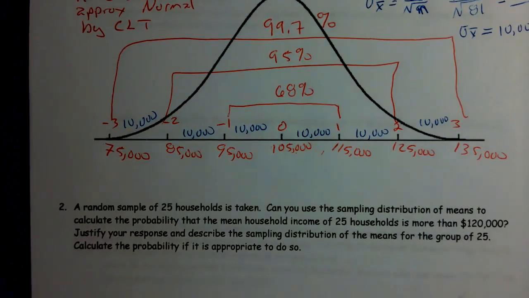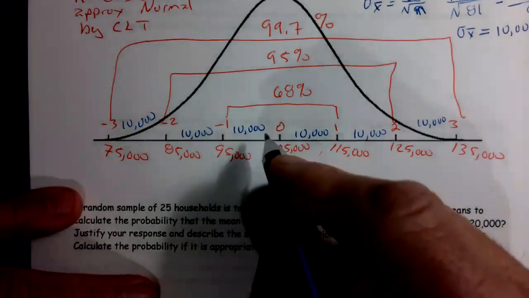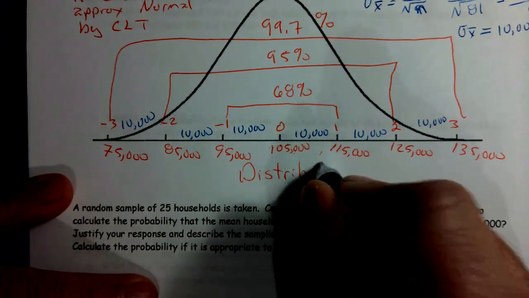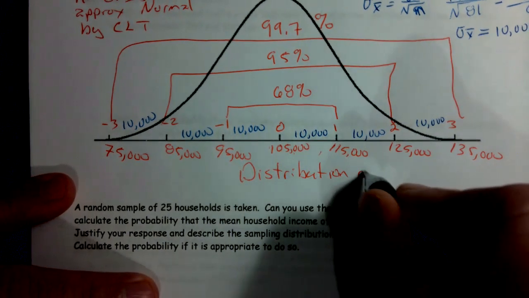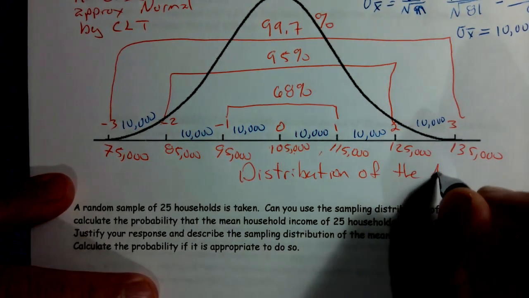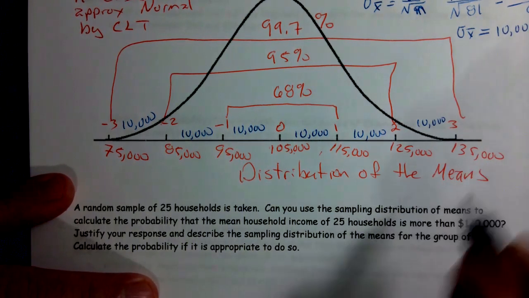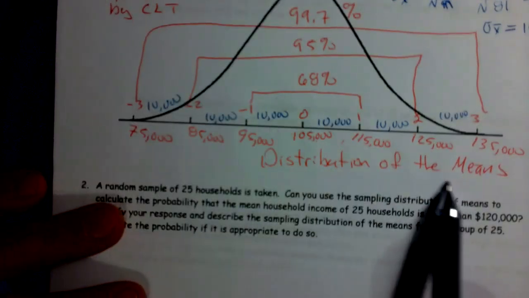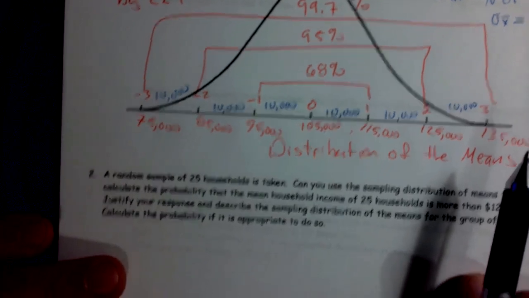So that's the distribution of the means, and I'm going to call it that because this is distribution. It is not involved with the actual set. The actual data set is skewed to the right, but the distribution of means is normal by central limit theorem.